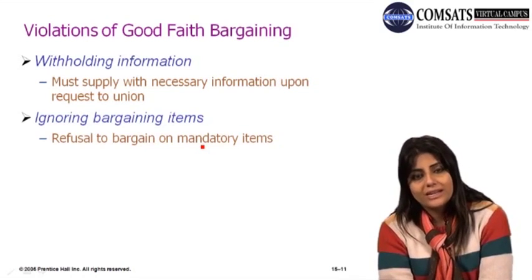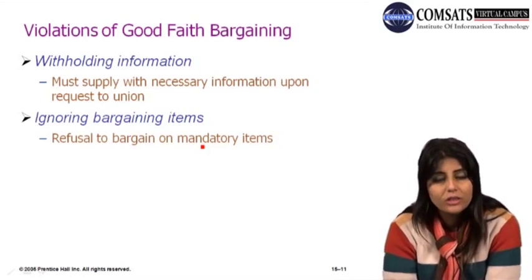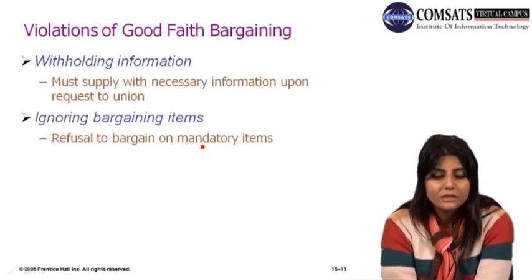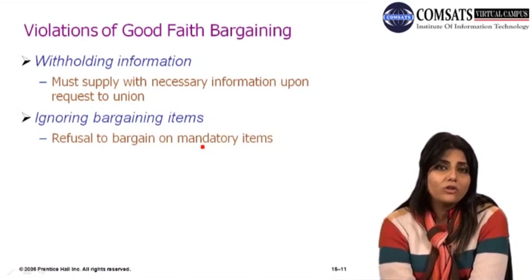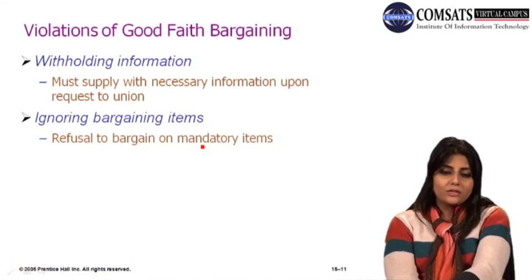They are part of your collective agreement, and you must enter into a contract on all these mandatory items. If you are refusing to bargain on these, it means that you don't have good faith to enter into negotiations and into a contract.